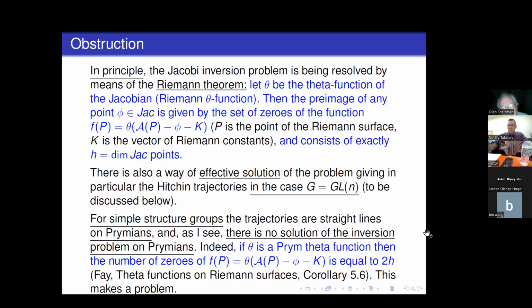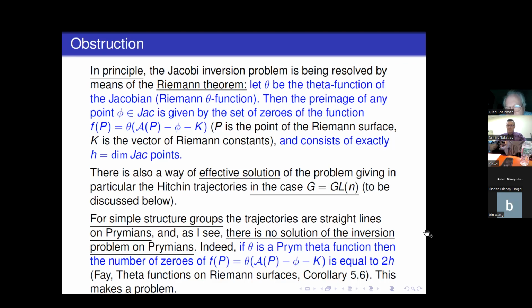Prym. Okay, Prym is just a subvariety of the Jacobian, skew-invariant with respect to the involution coming from the involution on the Riemann surface.